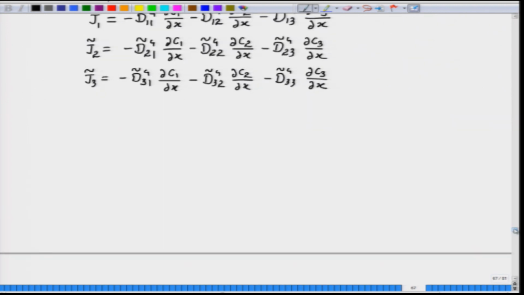To get to the diffusion equation, we can apply the continuity equation for individual components.